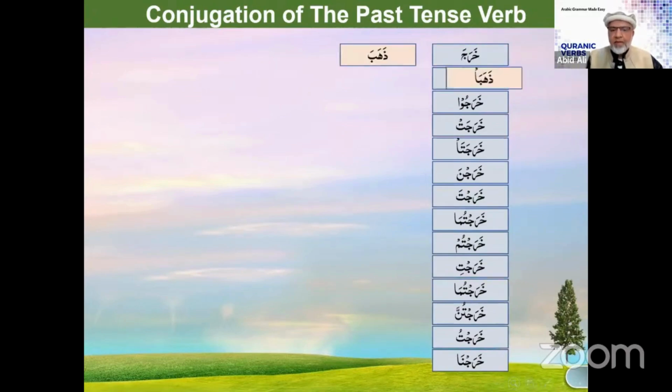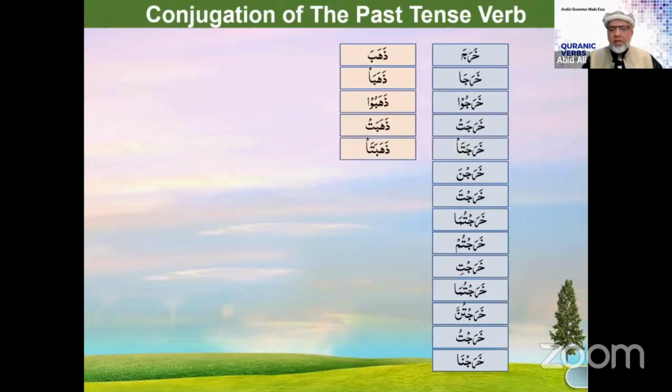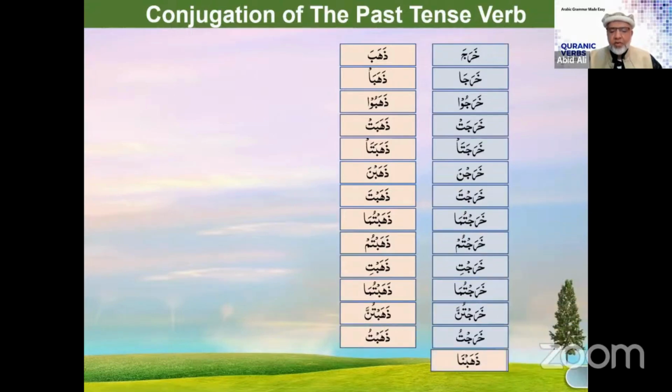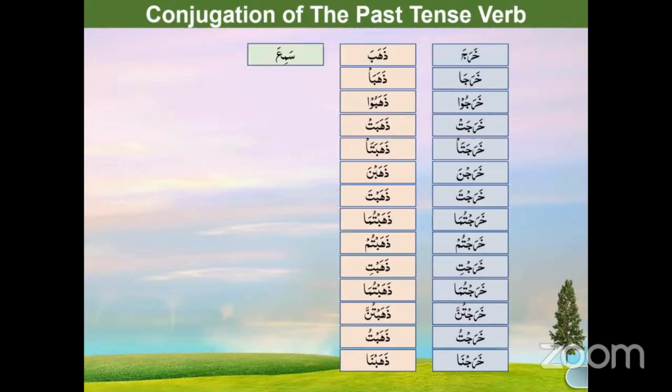Zahaba, zahabu, zahabat, zahabta, zahabna, zahabta, zahabtuma, zahabtum, zahabti, zahabtuma, zahabtunna, zahabtu, zahabna. Do you see anything different in the pattern? The pattern is the same. Only the root letters change. Agree? Yes.